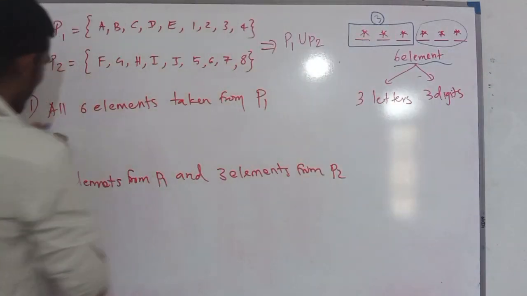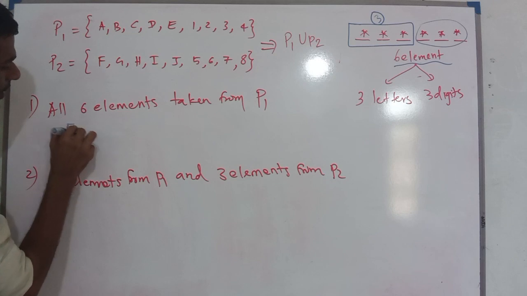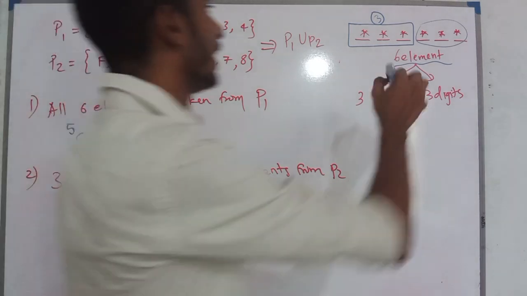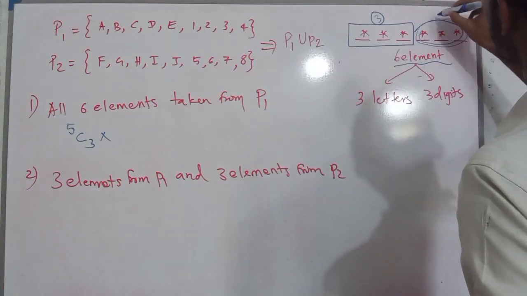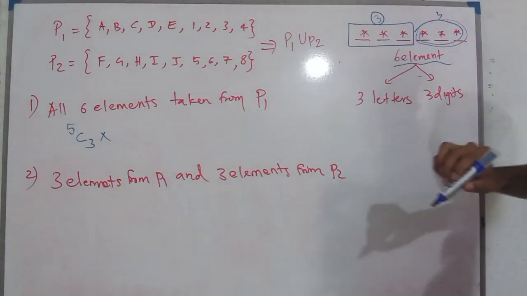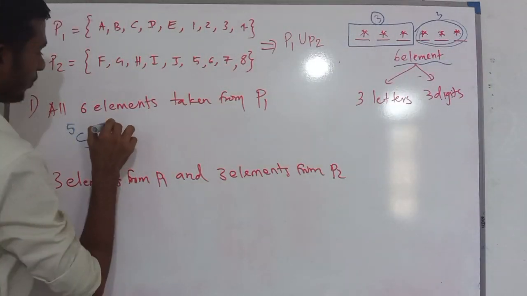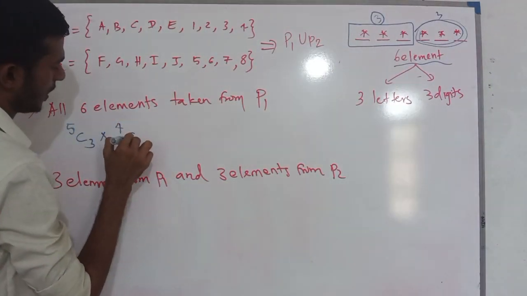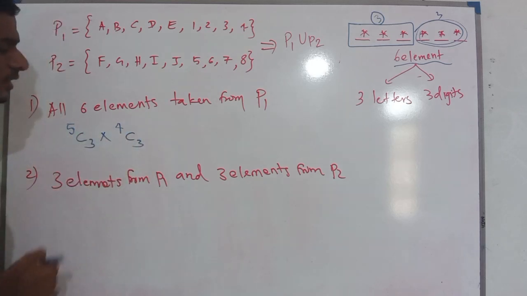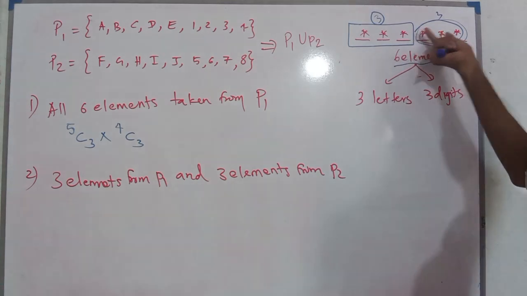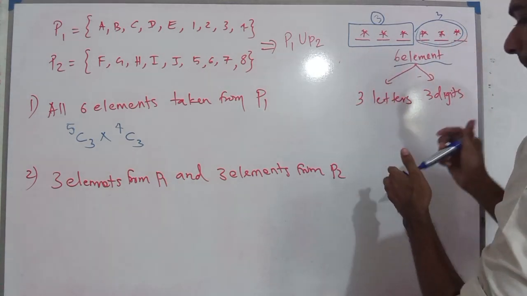So for that the combination is 5C3, right, times. Now in this place we have to select three digits from 1, 2, 3, 4. So 4C3 is the combination of the digits that we can put in these places.